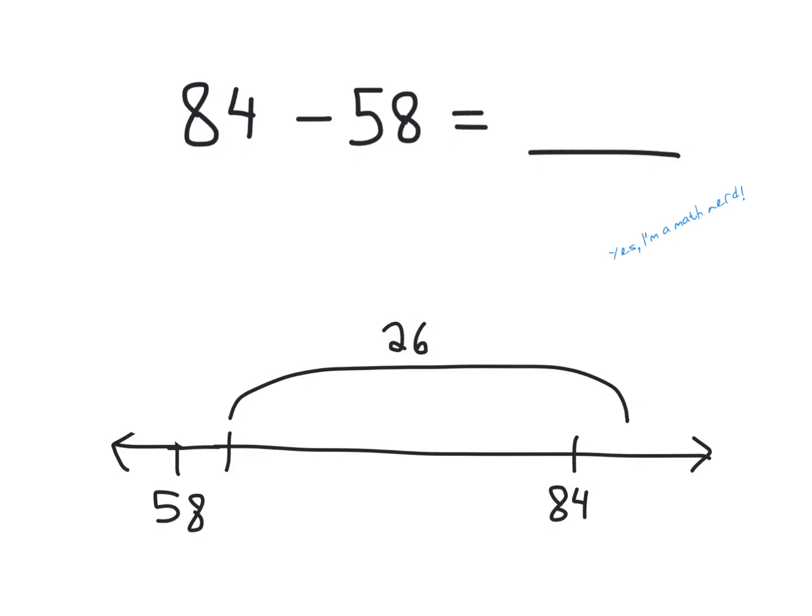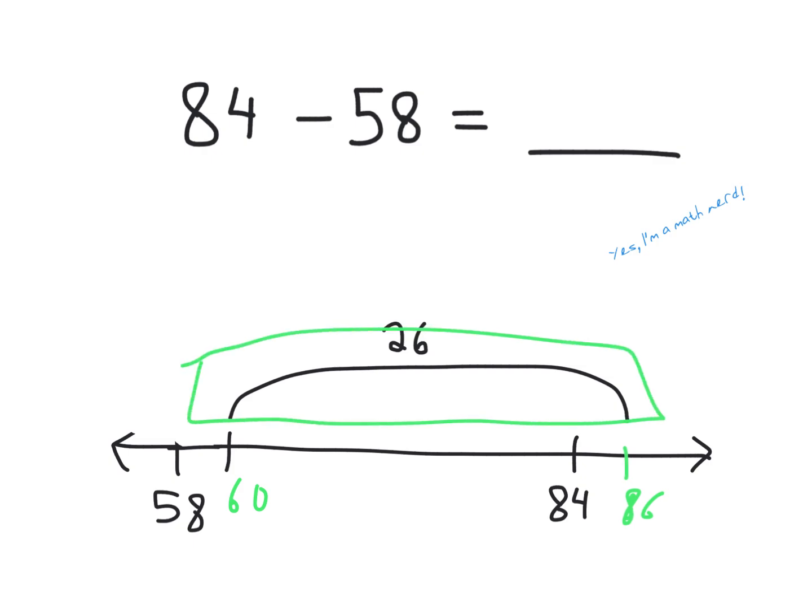So this is what we just did in our second version of the problem over here. We adjusted that 26 by 2 up to 60 and 86 over here, and we still have that constant difference of 26. So that's just kind of a cool way to think about it, that difference here kind of can move around on the number line, and it's going to stay constant the whole time.